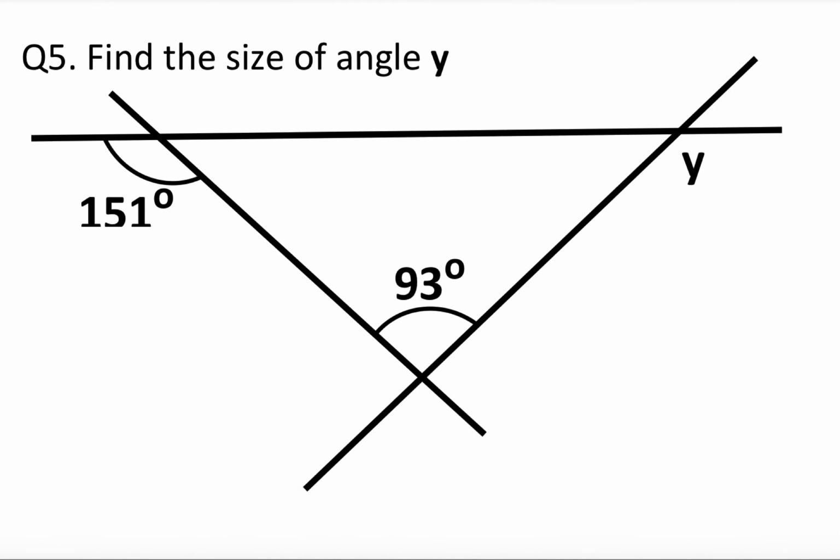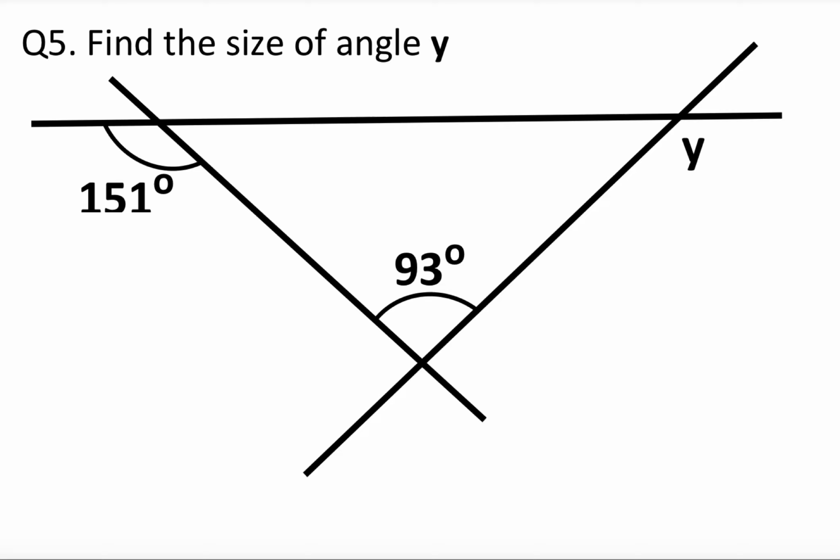Question 5. Oh, right. This is all to do with degrees and angles. Question 5. Find out the size of angle Y. So we're given some straight lines and we've got some angles in there, and we've got a missing angle of Y. And the straight lines cross each other and give you a sort of triangle.